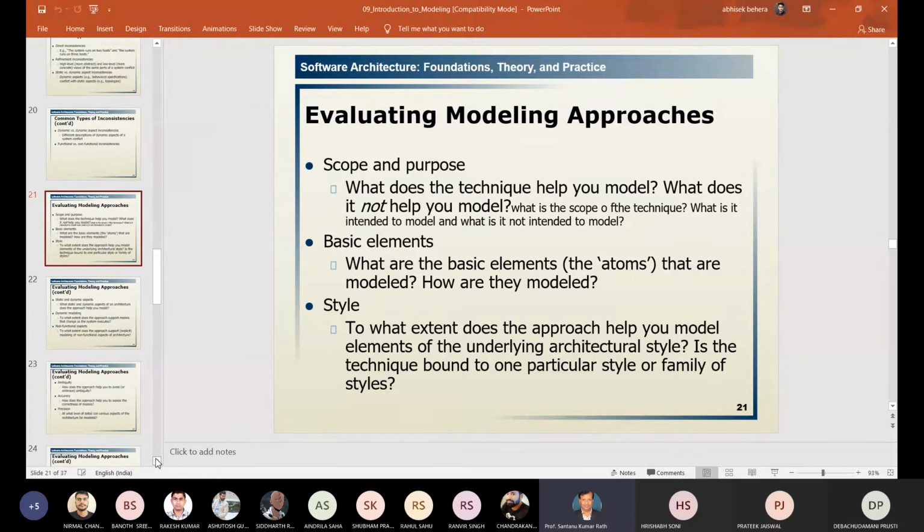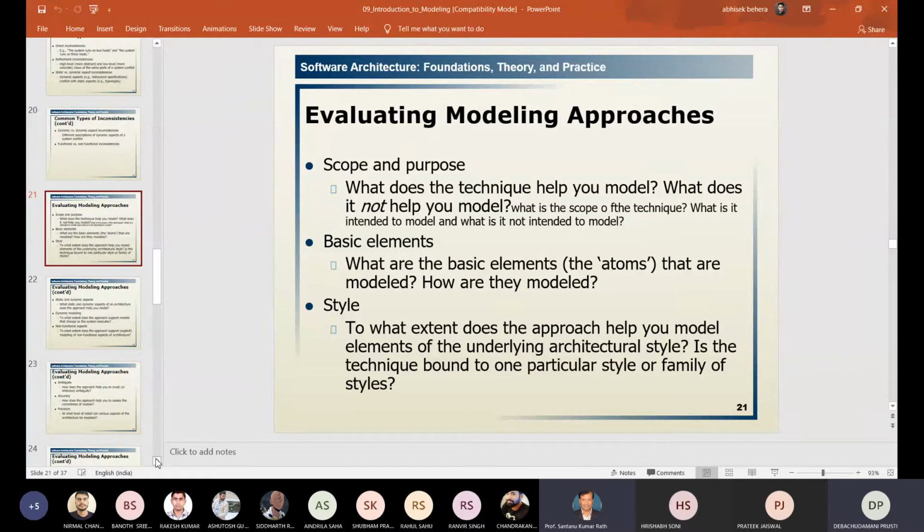Okay, go ahead. Yes. So the first one is the scope and purpose. What is the scope of your model? What is the objective of your model? What does the technique help you model? What technique are you using for developing your model?